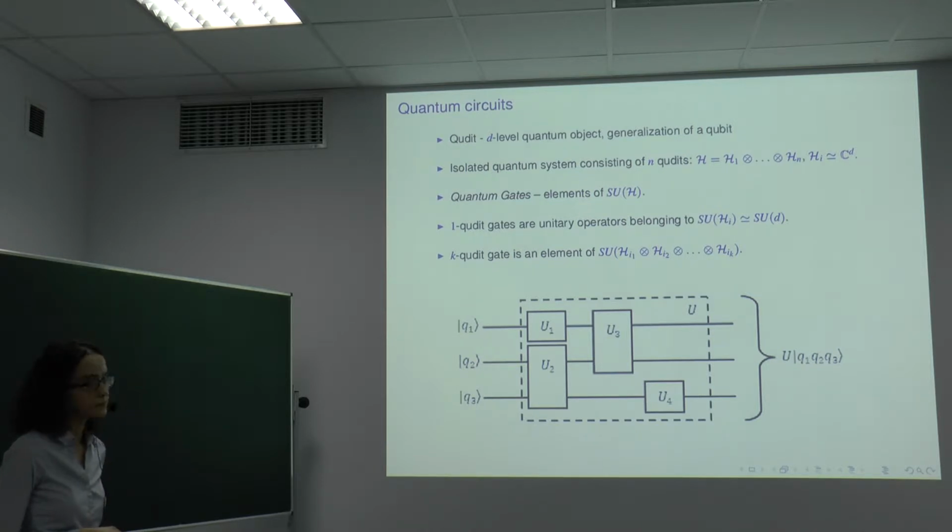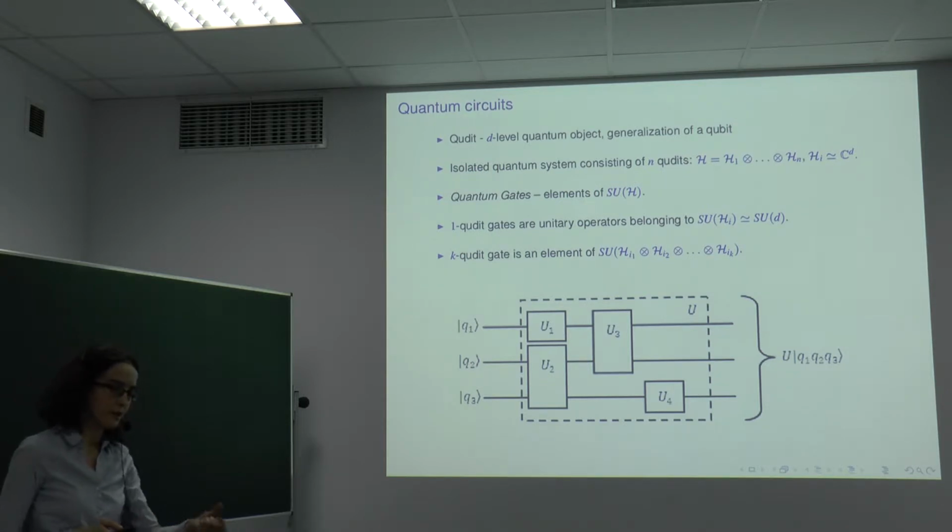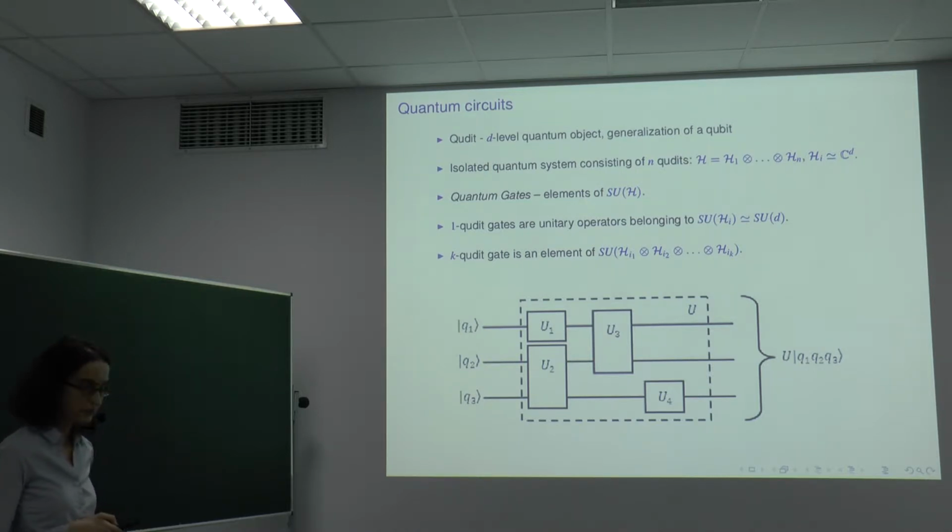Yes, this machine does not have infinite resolution. Yes, of course, we take into account the fact that every operation can be performed only with some accuracy. So this is taken into account later, because at this level, it seems impossible to implement this because of this infinite number of degrees of freedom.